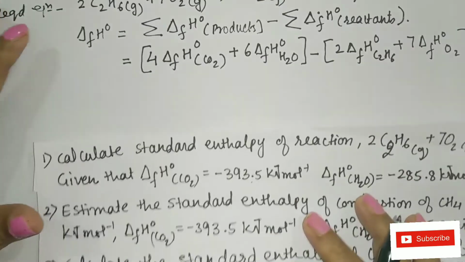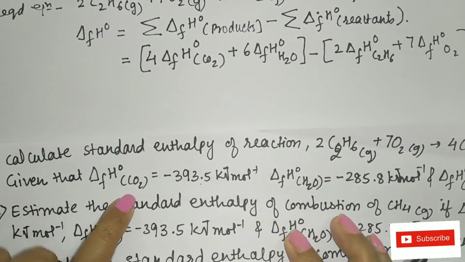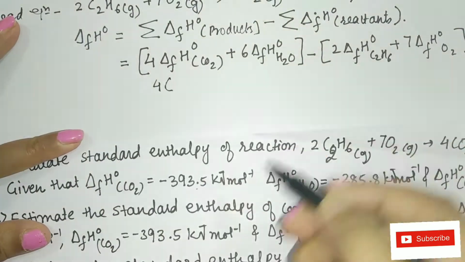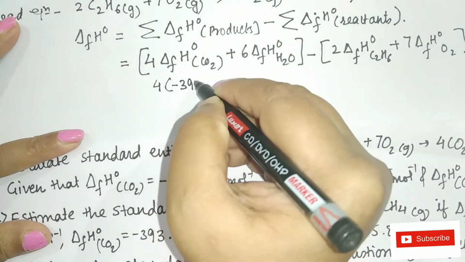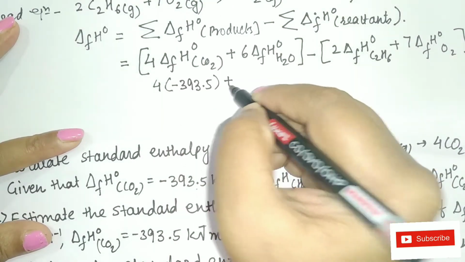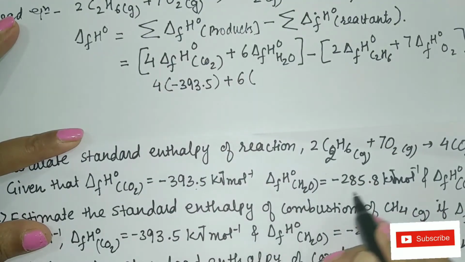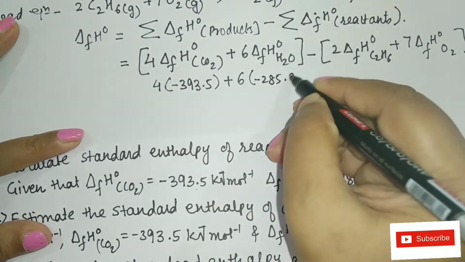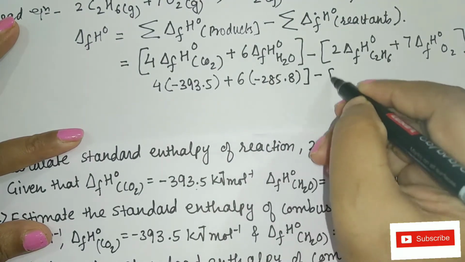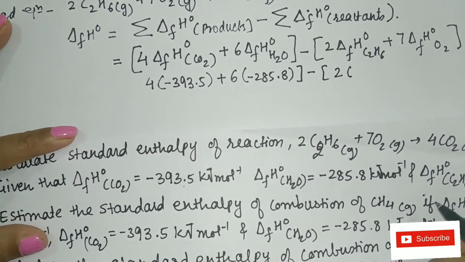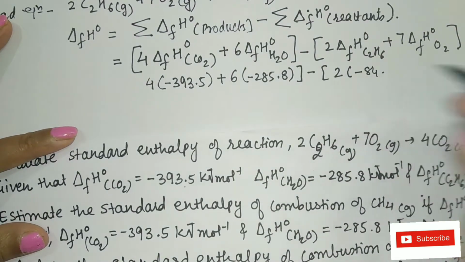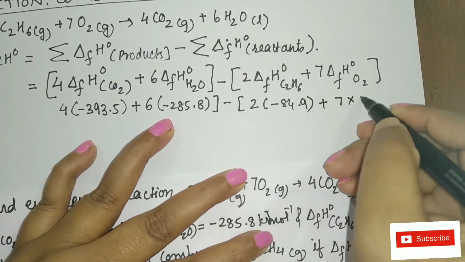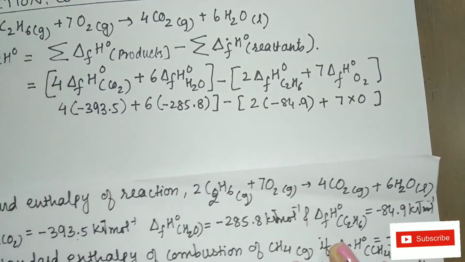So let us start substituting the values now. For carbon dioxide, they have given this value. So let us substitute 4 into minus 393.5 plus 6 into, for water they have given, minus 285.8, minus 2 times the enthalpy they have given, minus 84.9, and this will be 7 into 0 because it is in the elemental form.